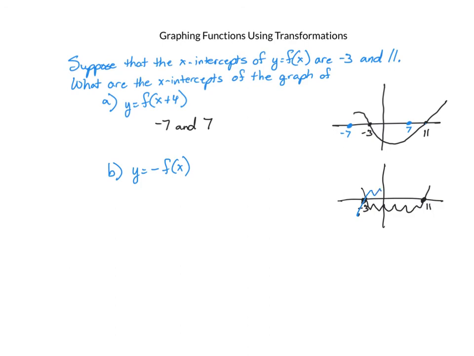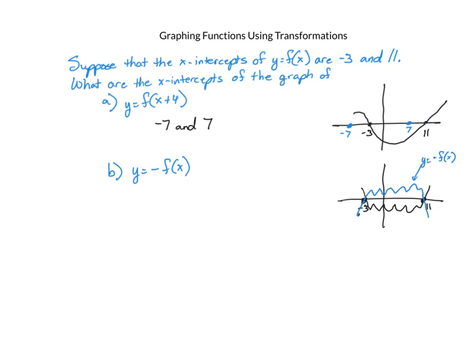Oh, I wish I hadn't done such a squiggly graph here. I'm trying to make a nice mirror image of it. There, something like that. There's my mirror image across the line that is the x-axis. So here's our graph of y equals negative f of x.